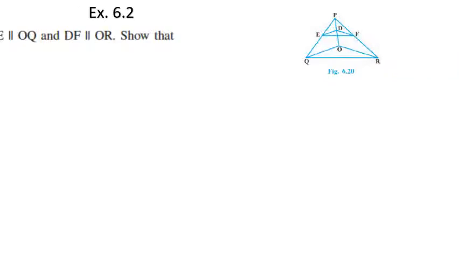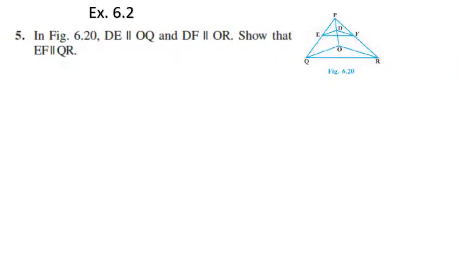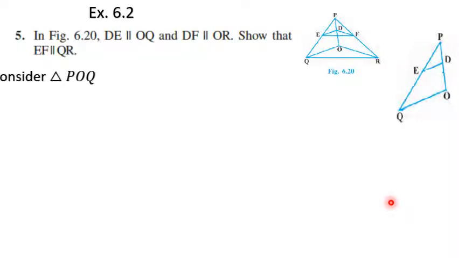Now question number 5. In the figure, DE parallel OQ and DF parallel OR. Show that EF parallel QR. So in that, let us take the triangle POQ. In that, ED parallel OQ.